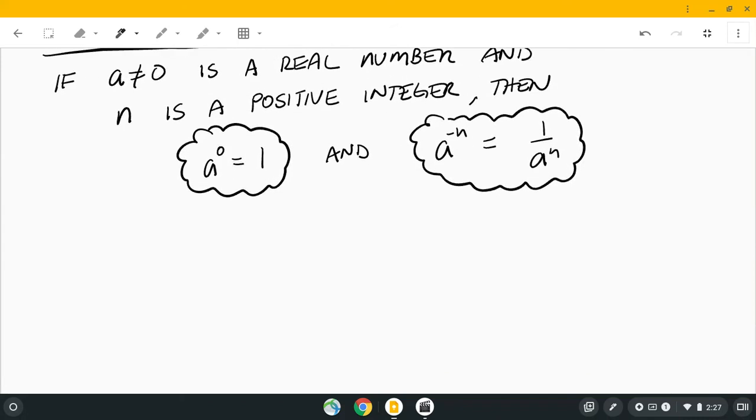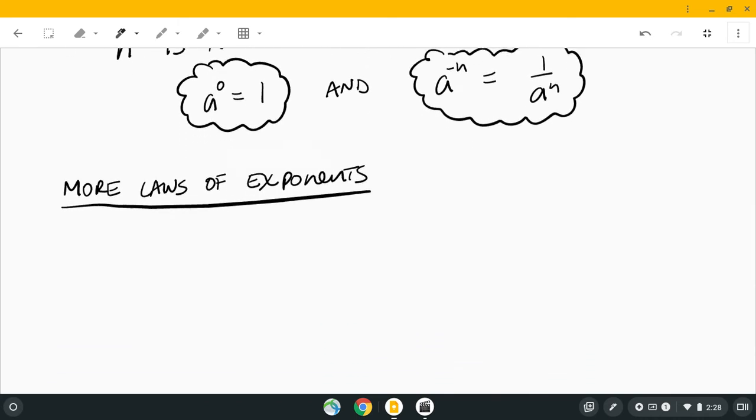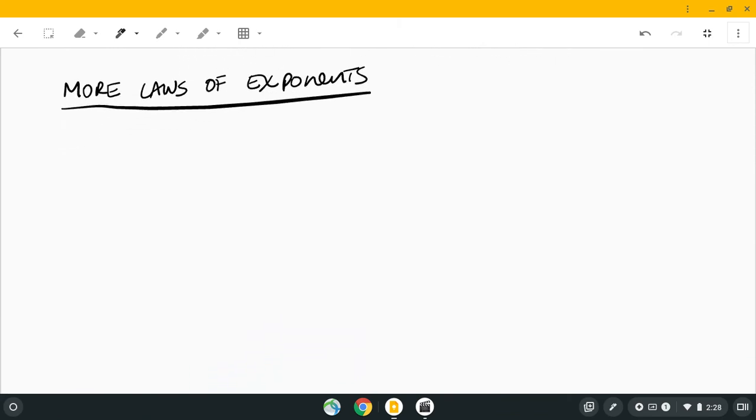Okay. And then we have more laws of exponents. So number 4. If you have a group like this here, then again, everything in there gets repeated.